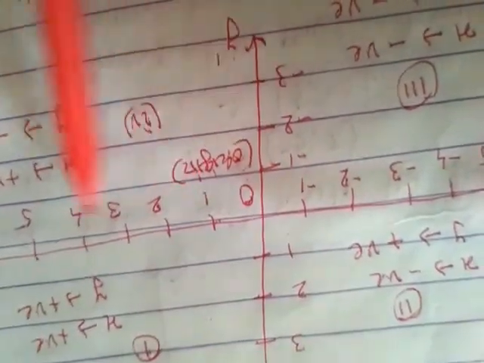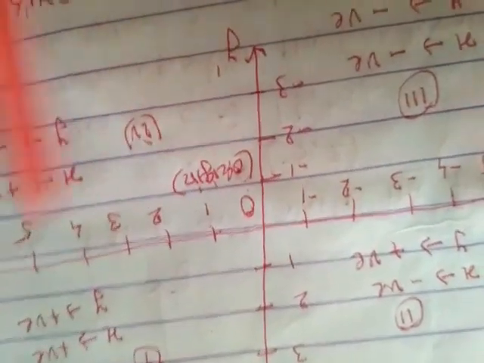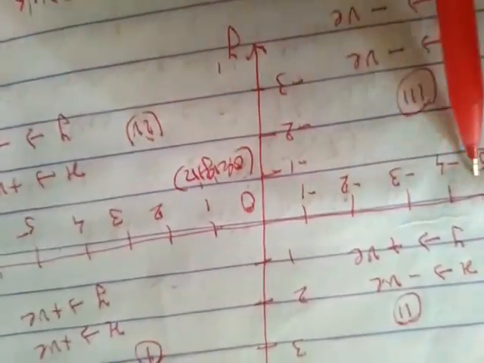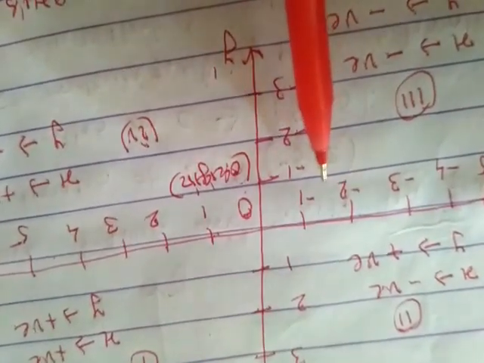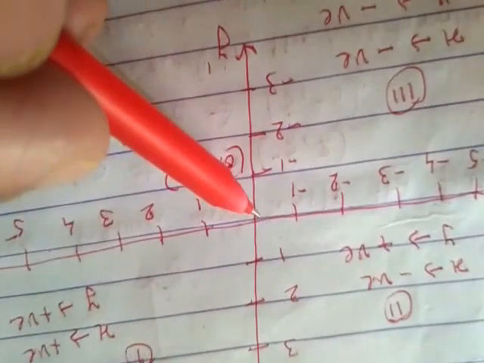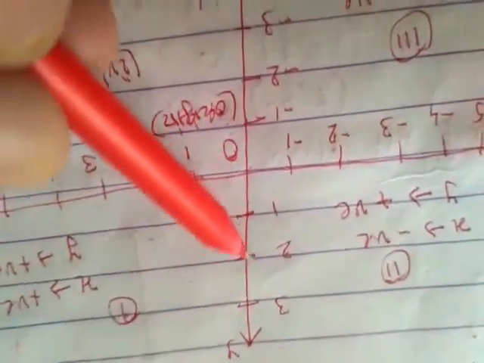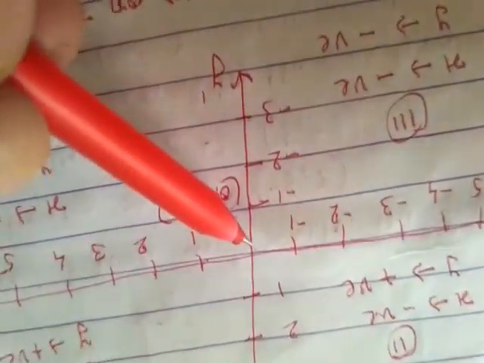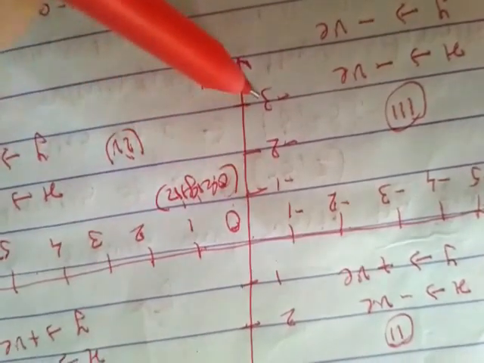From the origin, on the right side of the x-axis there is a positive sign, and on the left side of the x-axis there is a negative sign. From the origin upward on the y-axis there are positive signs, and downward on the y-axis there are negative signs.